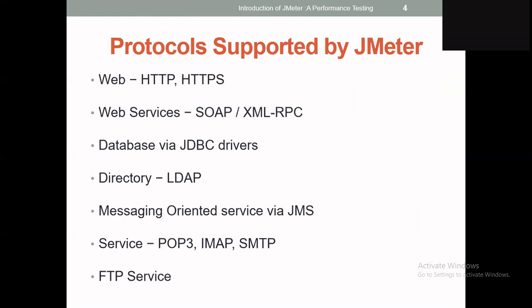After that, different databases via JDBC drivers can be supported by JMeter. As well as JMeter supports the LDAP directory, messaging oriented services via JMS. Also, it supports some other services like POP3, IMAP, SMTP, and file transfer service.